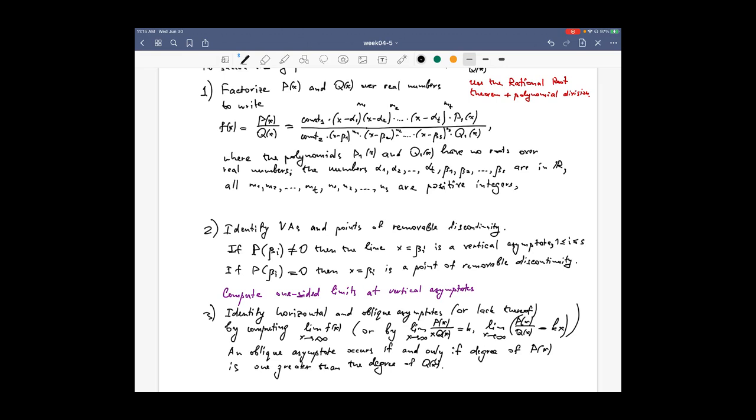Also, we should add that all alphas are distinct. All alpha 1, alpha 2, etc. alpha t are distinct, meaning no two are equal. And all beta 1, beta 2, beta s are distinct.